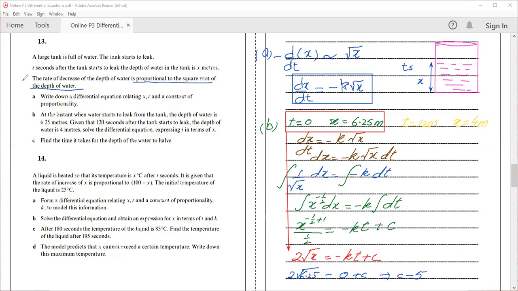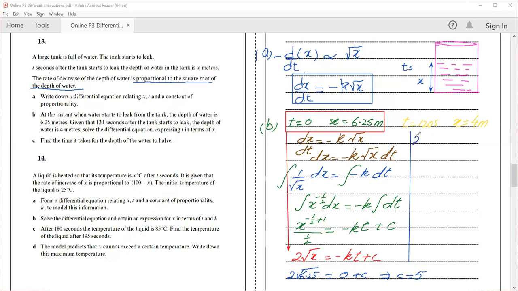Now you have to find the value of the other constant. You have to put the second set of values: t is equal to 120, x is equal to 4.